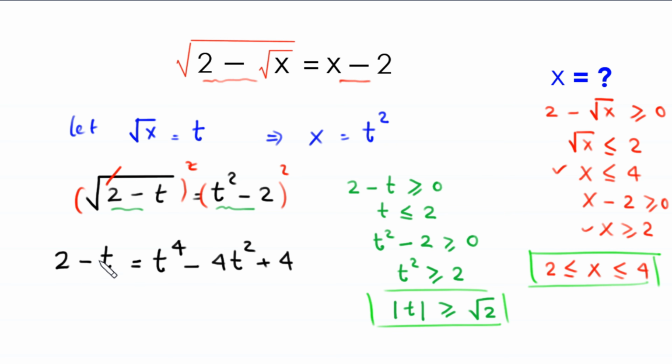Move these two terms to the right hand side, then this will become t to the power 4 minus 4t squared. This negative t will become plus t, plus this 4, and this 2 will become negative 2, equal to 0.